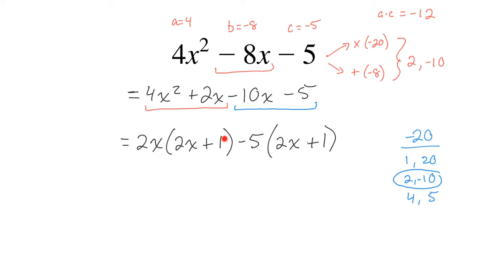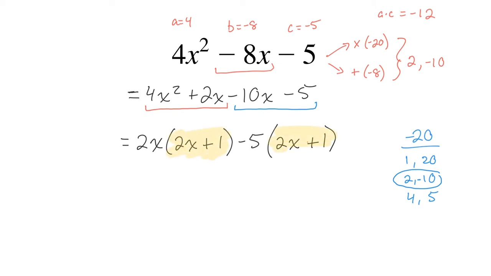So notice how we have the same binomial in these brackets. That's what we want, so we can factor that out. If we had pulled out a positive 5, we wouldn't have the same binomial in this bracket. So be careful. If you factored out the wrong factor, then try it again to make sure you get the same binomial as your first one. So now we can factor out this 2x plus 1.